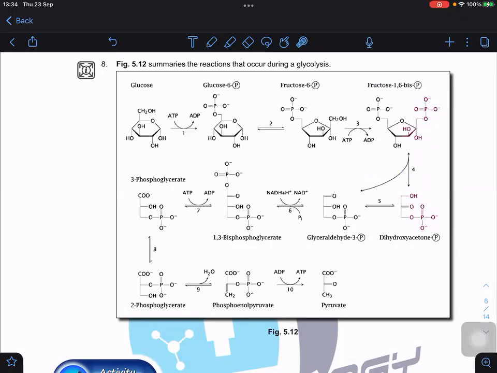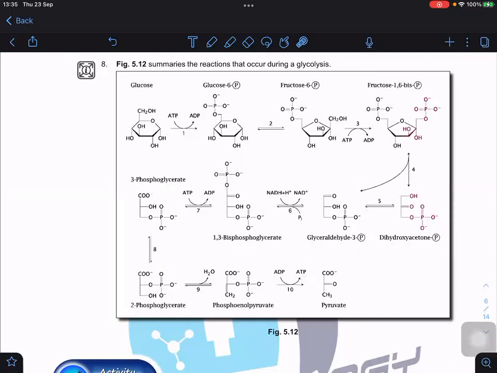Then the splitting process takes place. In fact, the splitting is not equal. You can see that we form one molecule, and another that is different. One is glyceraldehyde 3-phosphate, another one is dihydroxyacetone phosphate. But because of interconversion, glyceraldehyde 3-phosphate will continue the process. During this process, you can see that we form the reduced NAD and then we gain back the ATP.